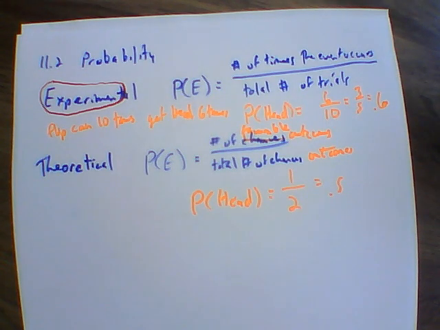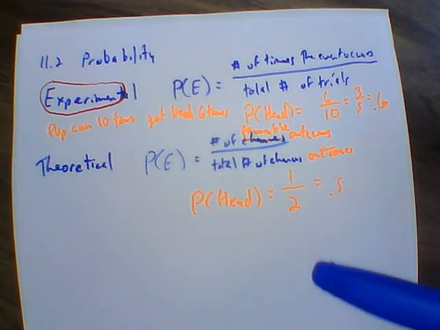In that experiment, we have to have some sort of simulation happening, and it has to be a repeated simulation. We'll get into simulations down the road in later sections, but this is our basics of probability. Between theoretical and experimental, it all depends upon how we look at this.